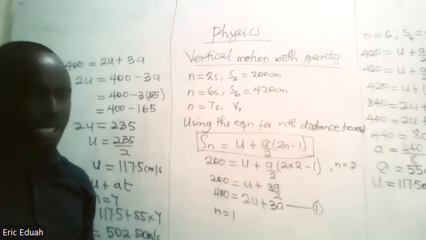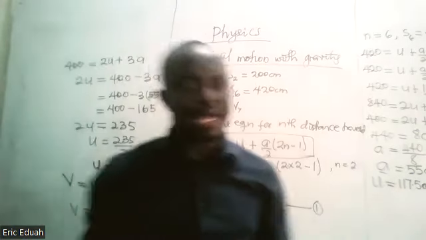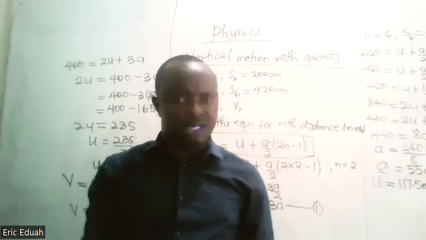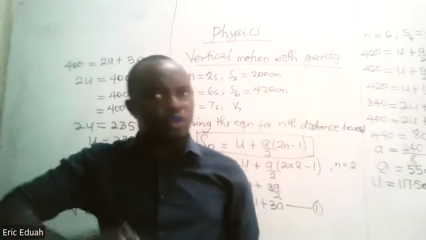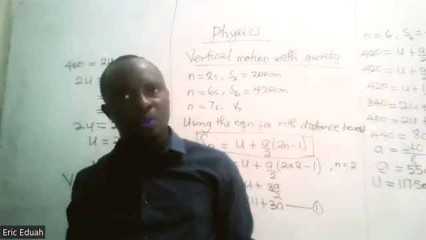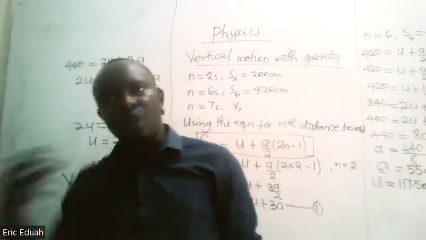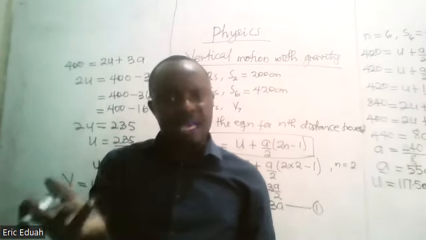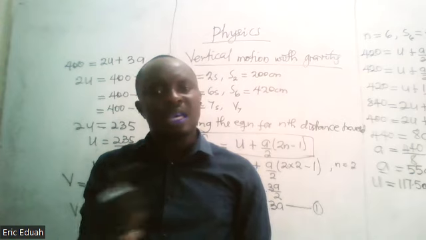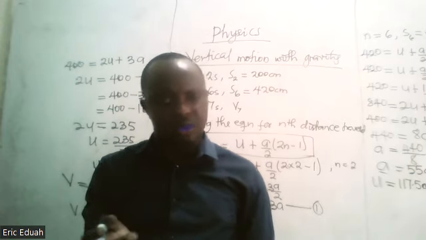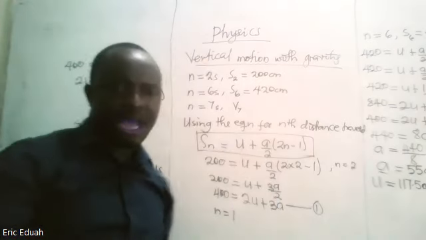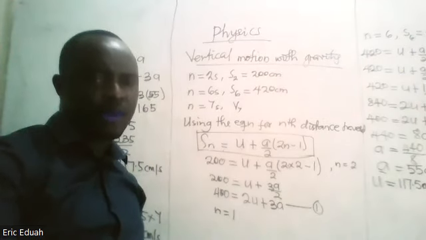When the question says start from rest or comes to rest, these terms indicate that either the initial or the final velocity is 0. Another hand is up. Yes, Gloria, I saw you.